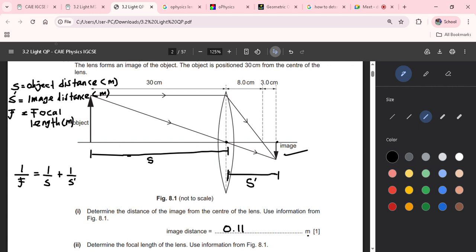So if we want to find the focal length, of course 1 over f is equal to 1 over s plus 1 over s', which is 1 over 30, because s is 30, plus 1 over s', which is 1 over 11. Can you find what is f from this equation?